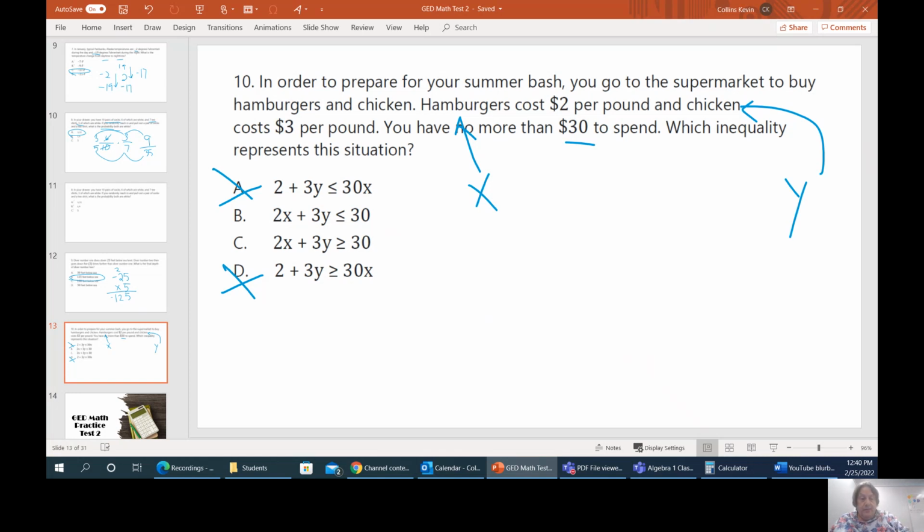So $30 is the maximum we can spend here. That would be this one. We haven't even had to do anything because it has to be less than 30 bucks or equal to 30 bucks because that's all the money we have. This one would be over $30. And if we only got 30 bucks in our pocket and we don't have a debit card with us or a credit card, we're done. So this is our guy.